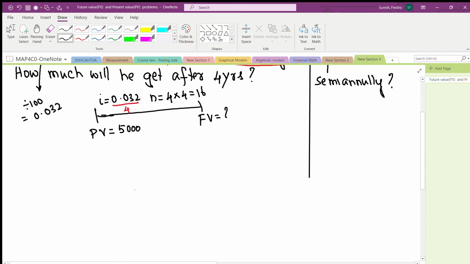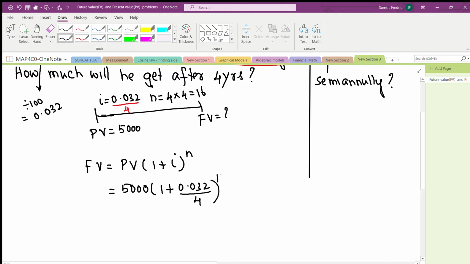So using the formula FV equals PV times (1 plus I) to the power of n, substituting the numbers here: 5,000 times (1 plus 0.032 divided by 4) to the power of 16.